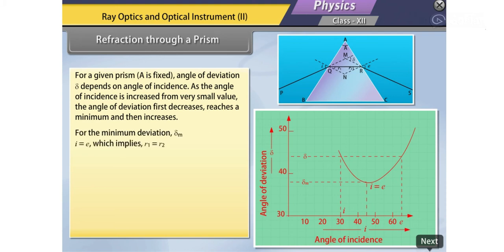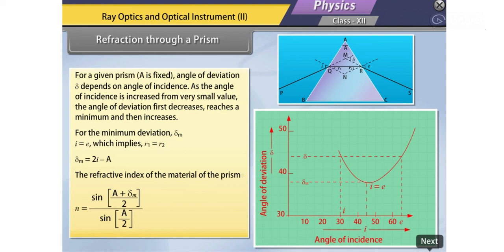For the minimum deviation, i is equal to e, which implies r1 is equal to r2. Delta minimum is equal to 2i minus A. The refractive index of the material of the prism, n, is equal to sine of (A plus delta minimum) by 2 divided by sine of A by 2.